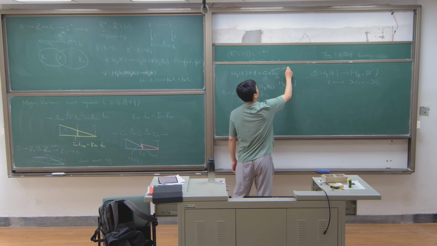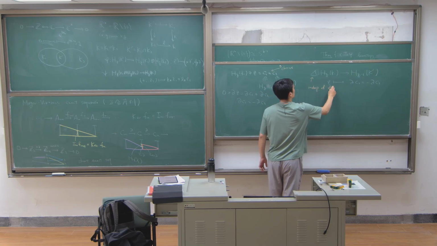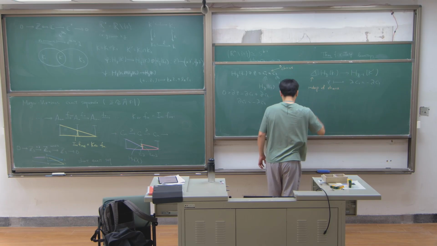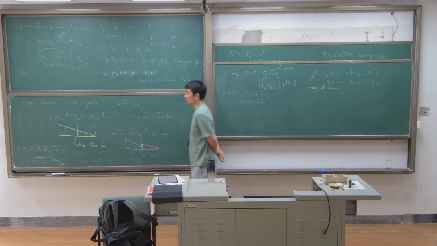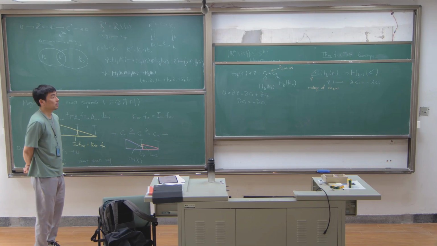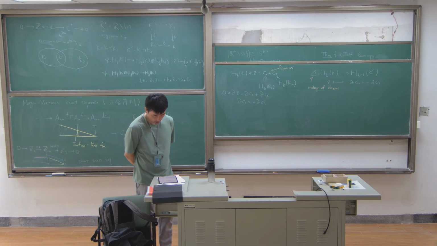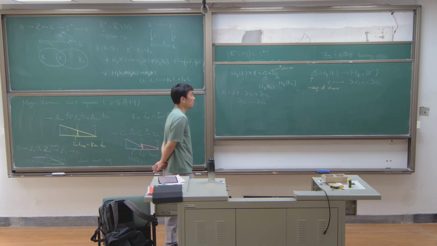There exists a choice, but this is independent of this choice. You can show that. I'm not going to show exactly what's going to happen. Then one can show that the following.